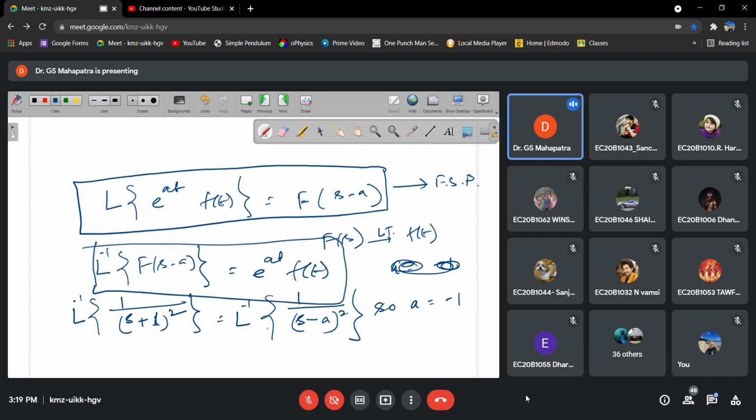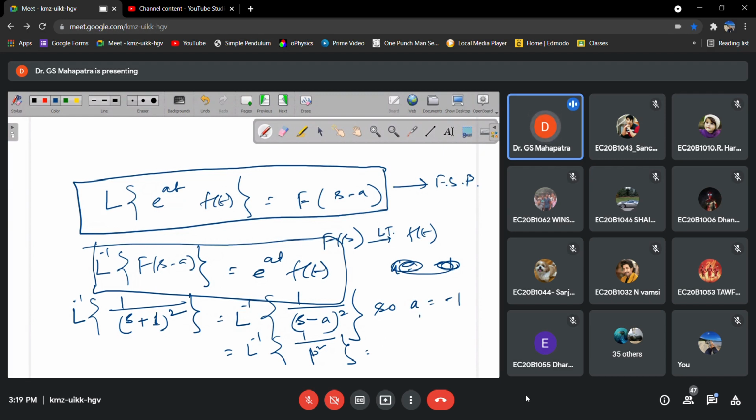Now you just check, the Laplace transform of (s minus a) whole square, you don't know. But if you write the inverse transform of 1 by p whole square, what is the answer in terms of t?